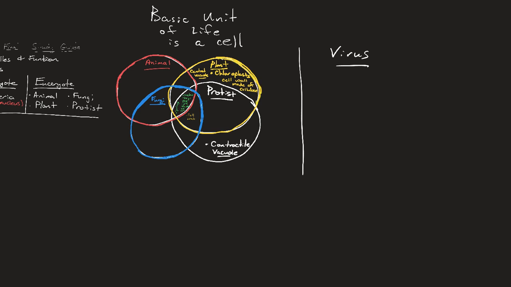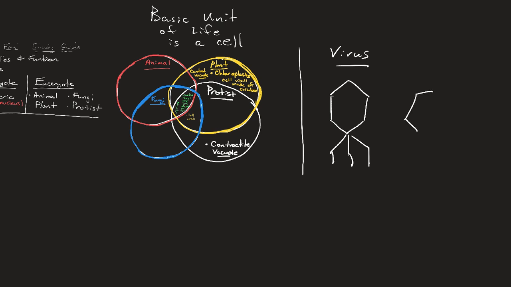So the virus is not a cell. A virus like COVID or any other virus is made of some kind of protein coat. It's made of protein and has all kinds of different shapes.